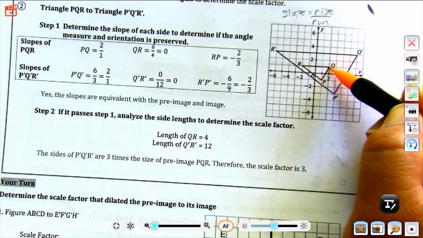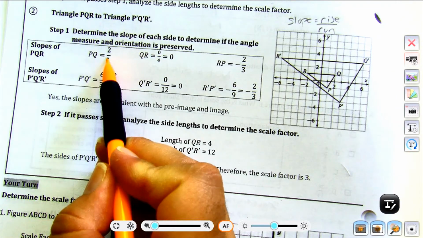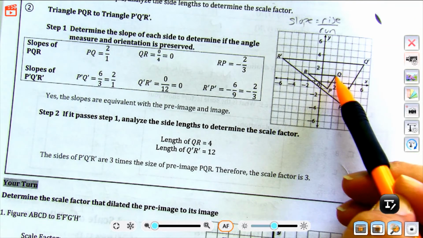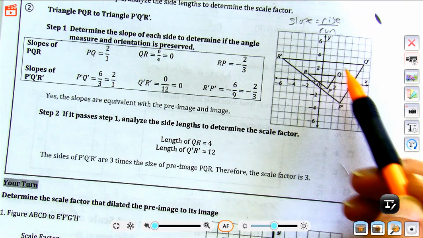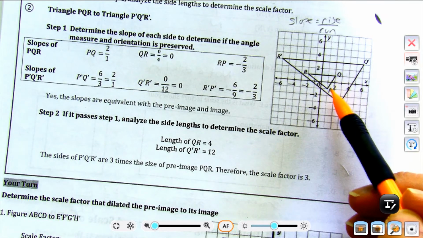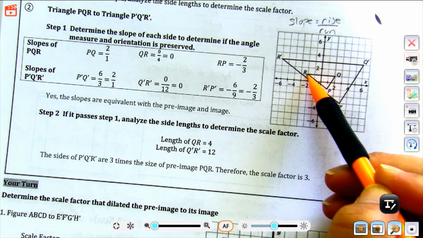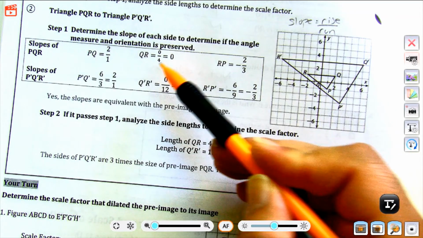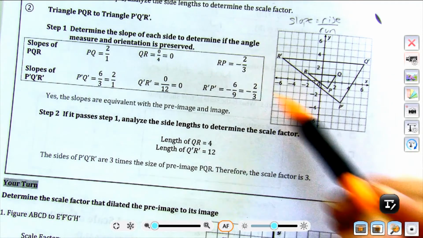Let's look at QR. So actually, to get from R to Q, we rise 0, we don't go up, and we go over 4. So 0 over 4. To get RP, we start with R. We always start with the point to the left and go to the point to the right.